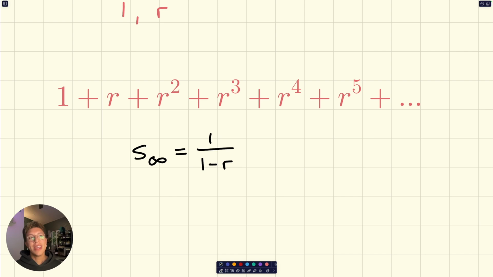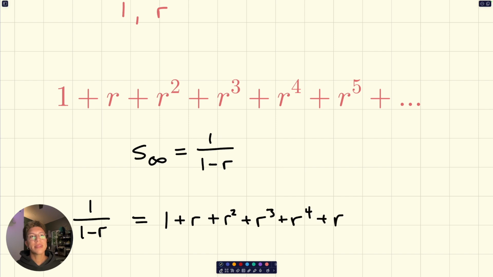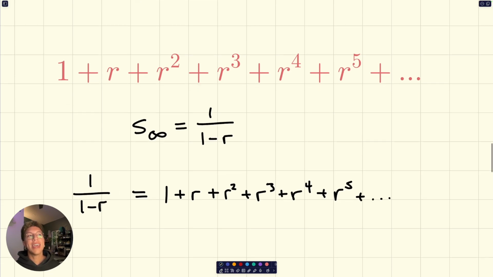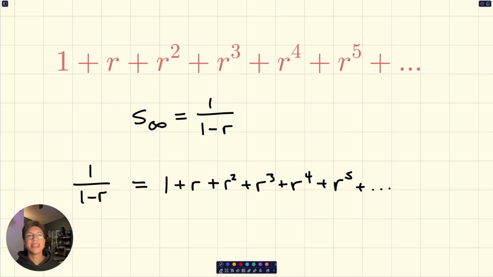And so what we're saying here might not look that impressive, but it's actually a really amazing result. We're saying that 1 over 1 minus r is equal to this series right here: 1 plus r plus r squared plus r cubed, and so on. And the reason it's kind of surprising is because it's saying that this expression here is equal to an infinite series.